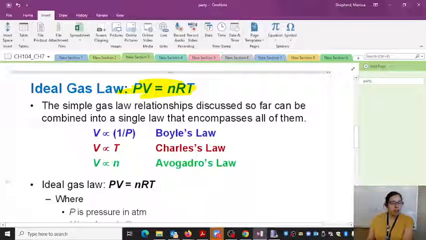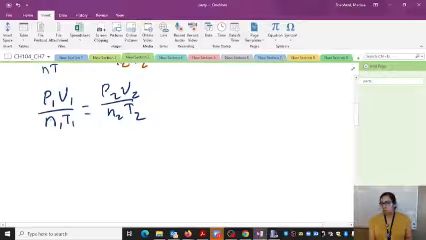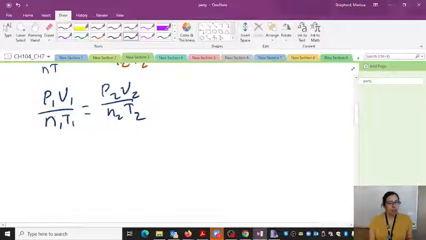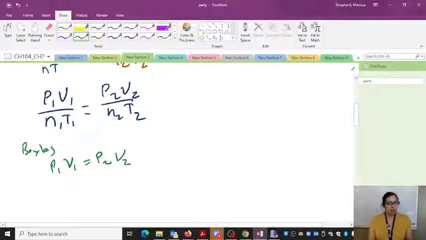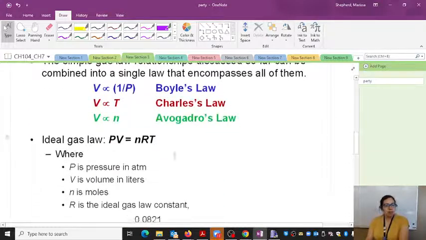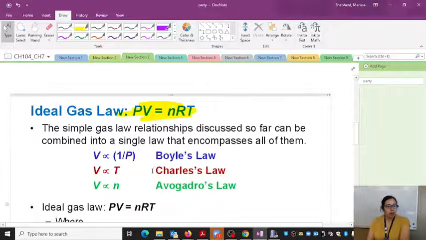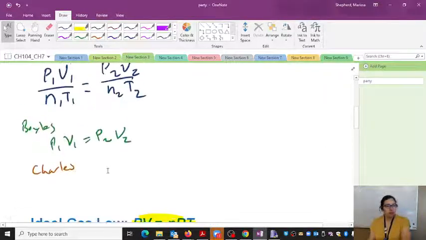So we said Boyle's law was relating volume and pressure. And so again, that means that we'd be holding N constant and T constant. So for Boyle's, right, we get back our P1 V1 is equal to P2 V2. And so we could do that for all the rest. So Charles's, now we're holding our pressure and moles constant, so just looking at volume and temperature.